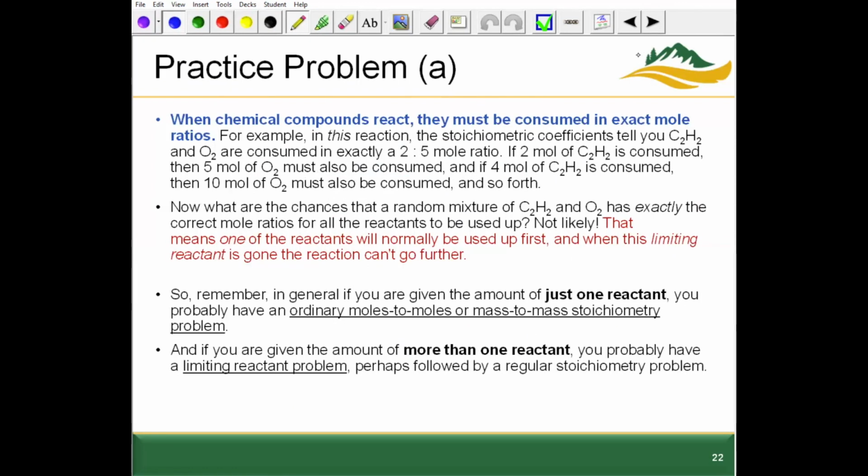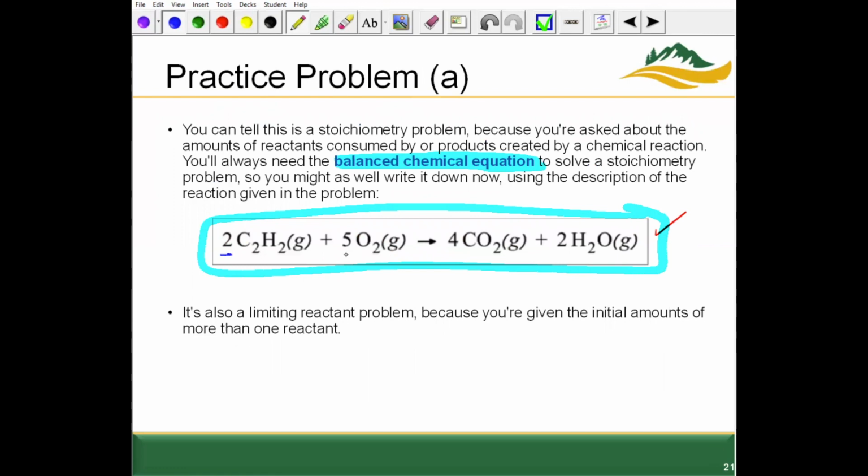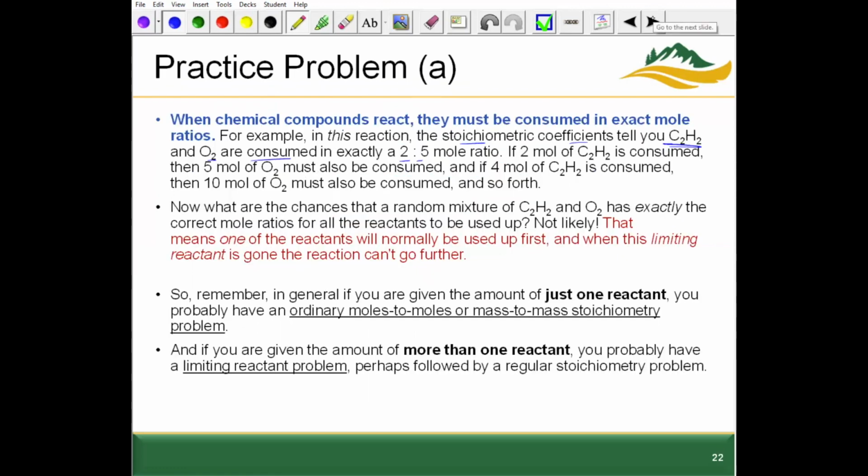So based on what we know about limiting reactants, these stoichiometric coefficients tell us how much C2H2 and O2 are consumed in an exact 2 to 5 mole ratio in our balanced chemical equation. So if 2 moles of C2H2 are consumed, then 5 moles of O2 must also be consumed.